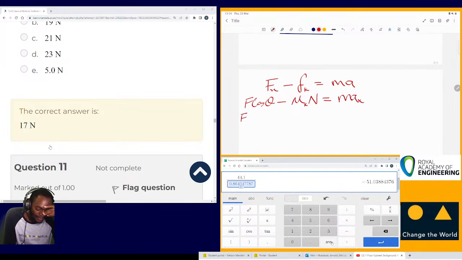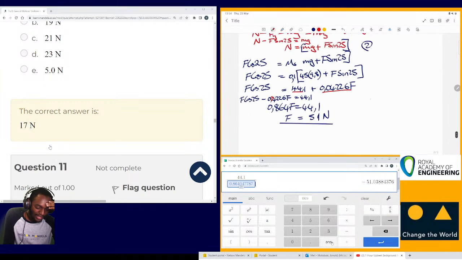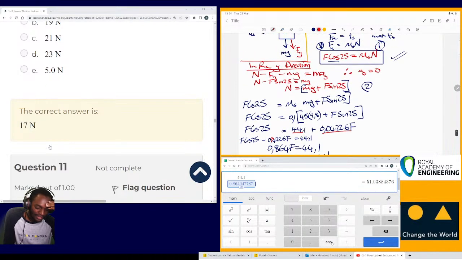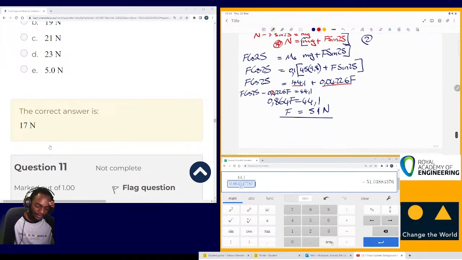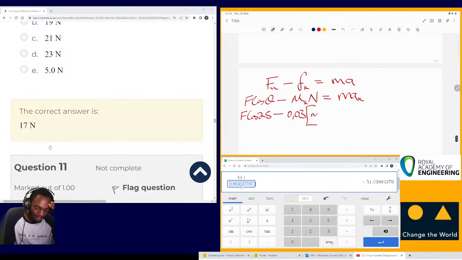This becomes F cos 25 minus mu, when it is moving, according to the data sheet, it's 0.03. Then what is our N? We did identify that our N is equal to mg minus F sin 25.